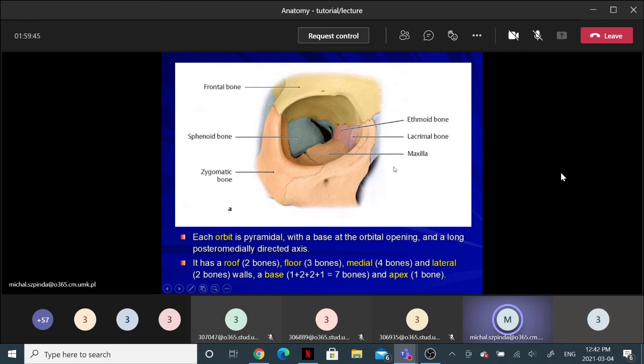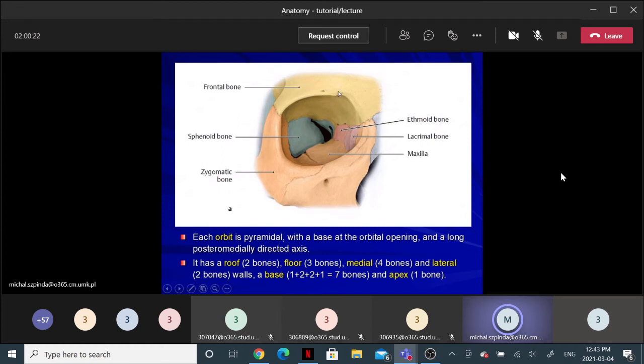So, do we have some holes referring to the superior wall? Yes, we have, because just here, the supraorbital margin is perforated by a canal ending in the supraorbital foramen. In some cases, we have a supraorbital notch or foramen. If we have a foramen, we must have a canal, the supraorbital canal.